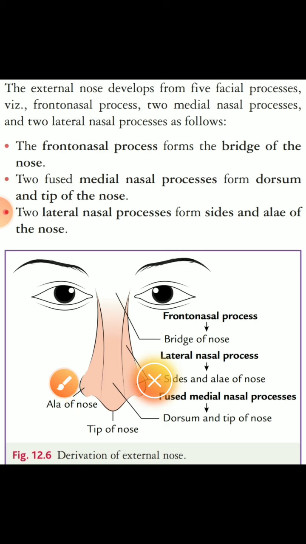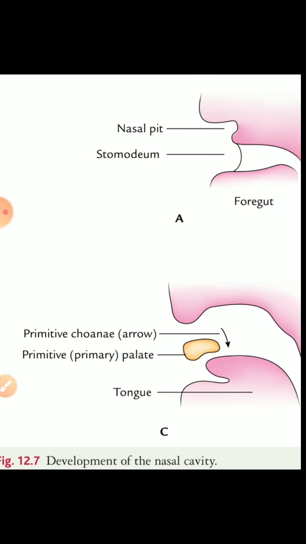We'll repeat: the bridge of the nose from the frontonasal process, the fused medial nasal processes form the dorsum and tip of the nose, and the lateral nasal processes form the sides and ala of the nose. So this is how the external nose develops from 5 facial processes. In this diagram you can see the different parts of the external nose and from which it develops.